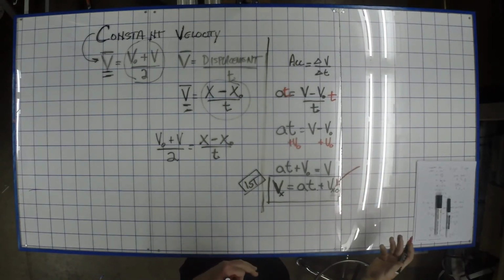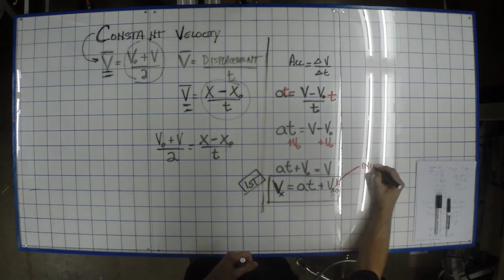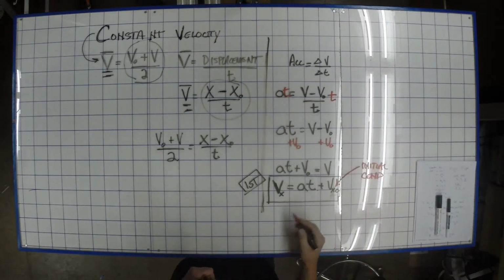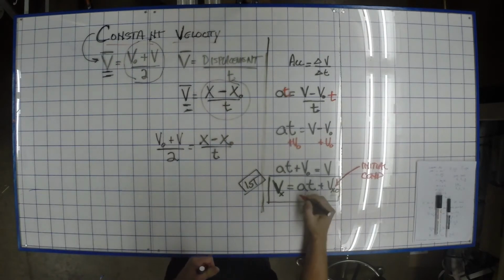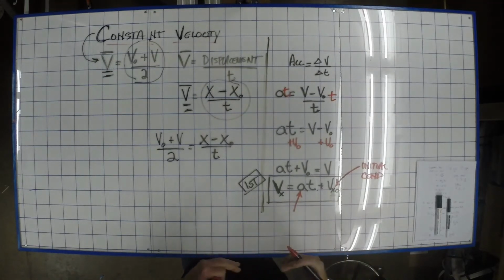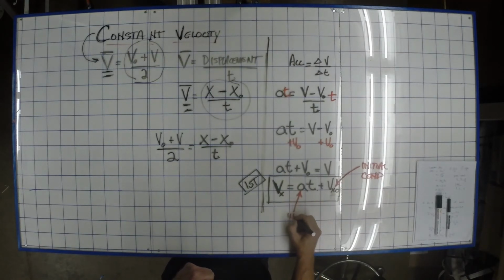No matter what I do later on, I can't change an initial condition. So this would be an example of an initial condition. This is not a variable. And since we're dealing with constant acceleration, once we get an acceleration, it's not going to change. We're just assuming that right now. In the real world, that's possible, but for us, we're not going to go past that level of confusion, so to speak. So this is an initial condition.